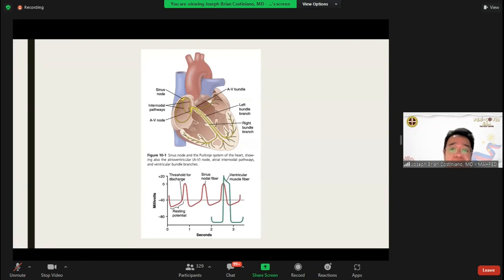The delay between the beating of your atria and your ventricles is due to your AV bundle. That delay is needed in order to push the blood from your atria into the ventricle, so that the ventricle is full when it becomes activated.